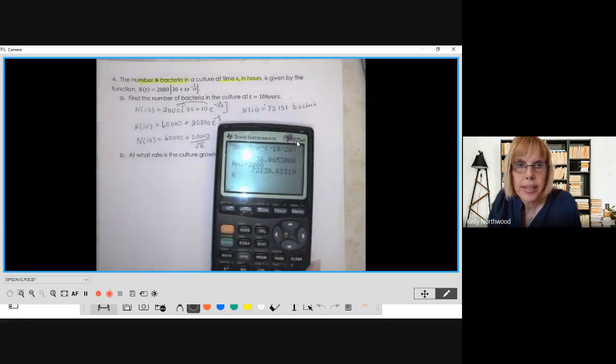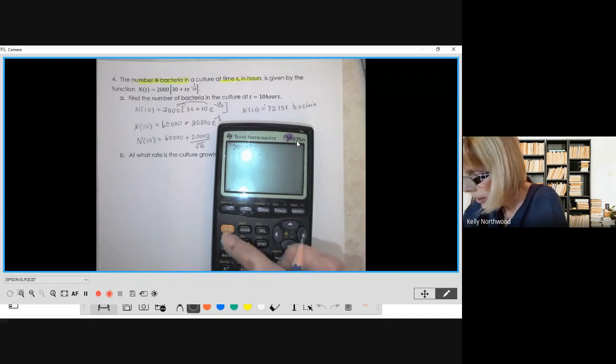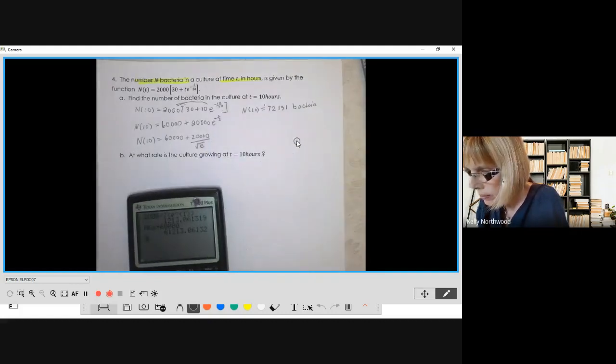If you're trying to put the last piece in your calculator here, I would probably do 2,000 divided by the square root of e to the 1 for that part, and then press equals, and then add 60,000. Uh-oh, I got a different answer.